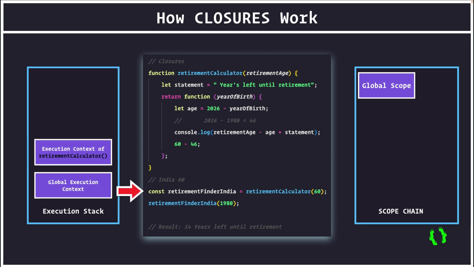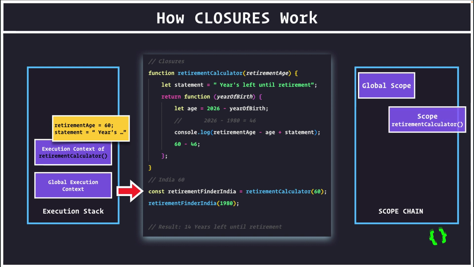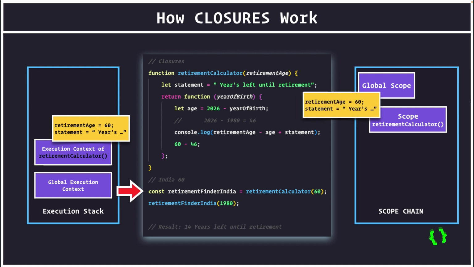That execution context has an object which stores the variables, the scope chain, and the this variable. So let's see the scope chain of the retirement calculator function, which simply means the variables that the function has access to. And remember that the scope chain is like a pointer to all the variable objects that the function has access to.